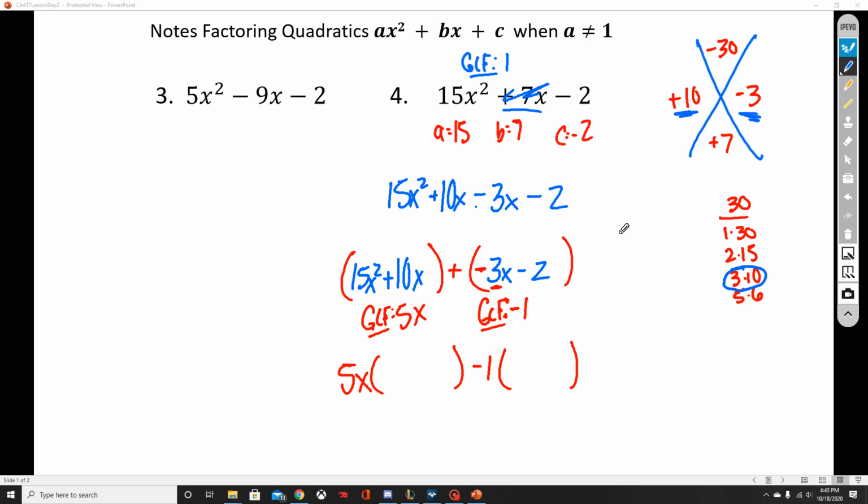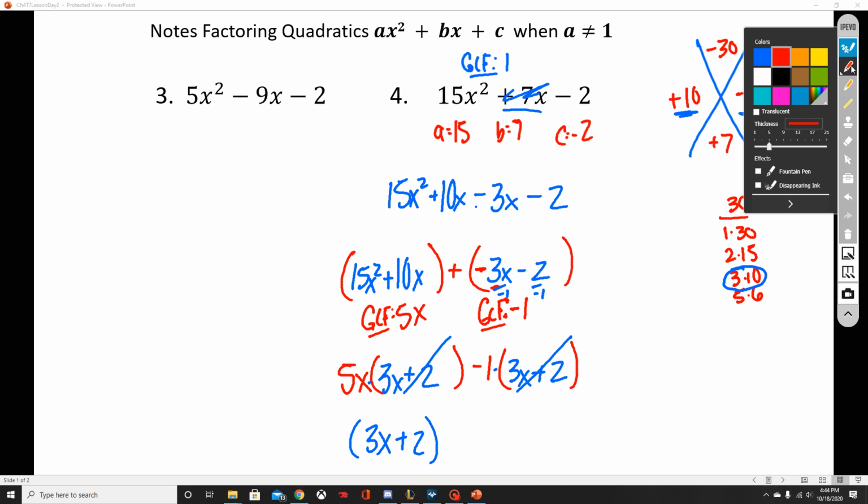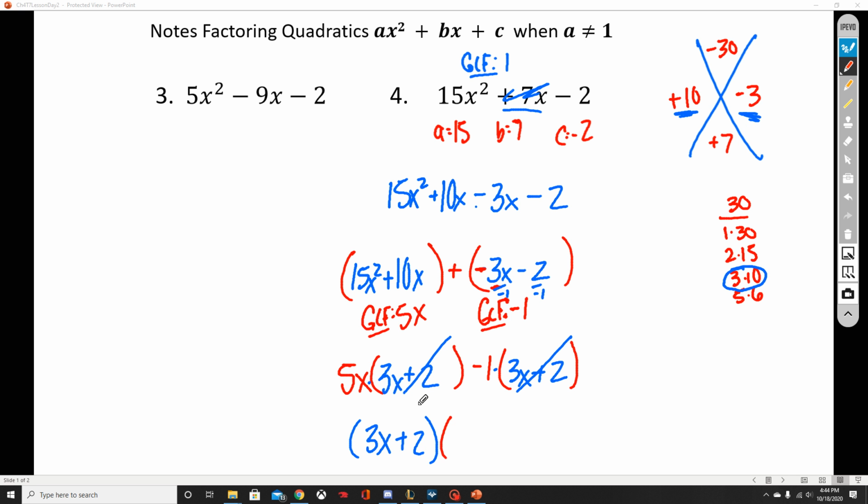What will we have left over when we factor it out? Well, we'll have 3x for the first term and 2 for the second term. And if I factor out a negative 1, that's essentially just going to change the signs here. So I'll have 3x plus 2 over here. Well, these are two terms that have two factors each, and they each have a factor in common. And that factor they have in common is 3x plus 2. So I can take that factor out, and what will I be left with?